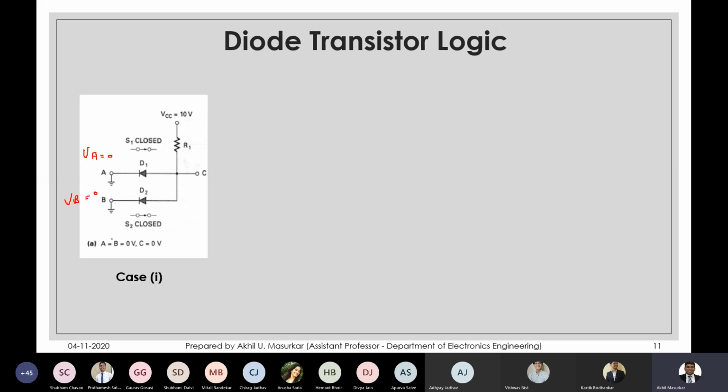Sir, they are forward biased. D1 is forward biased and D2 is also forward biased. Okay, fine. Why do you feel that they are forward biased, Asmita?